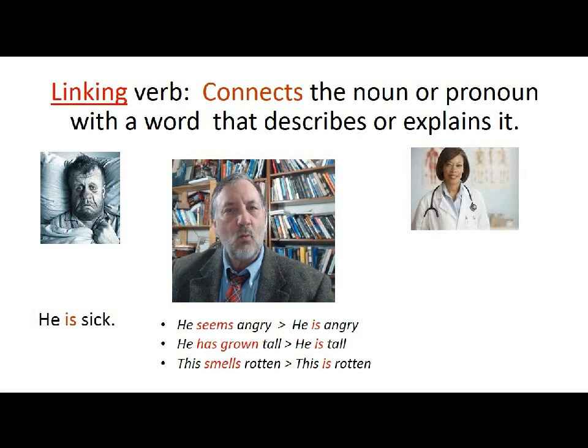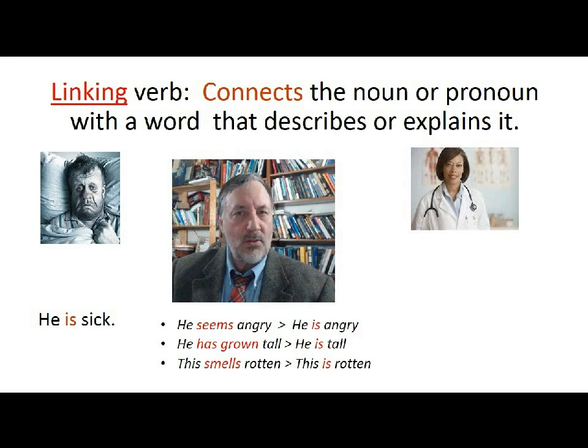And you could use words like, not exclusively, that is to say, not all inclusively, but you could use words like seems. He seems angry. Now, if you could say he is angry, then that's being used as a linking verb. He has grown tall. If you could say he is tall, well, again, you're using it as a linking verb.